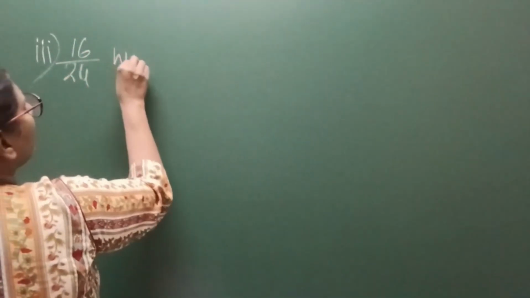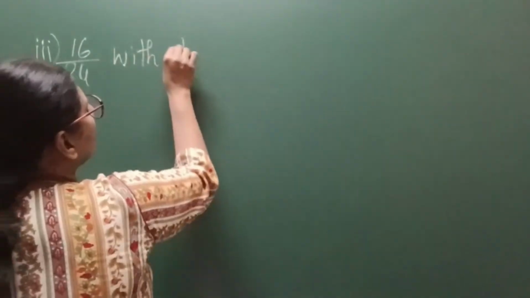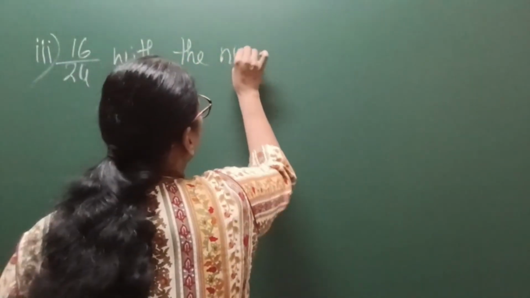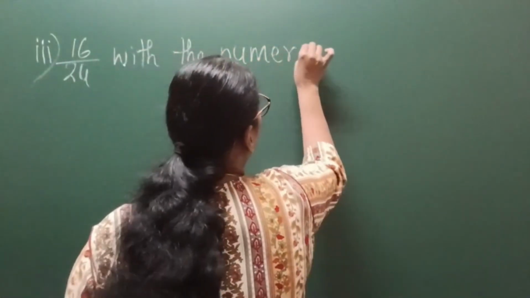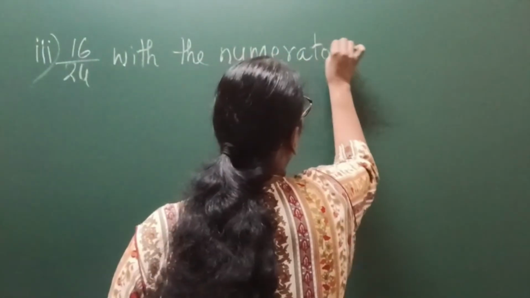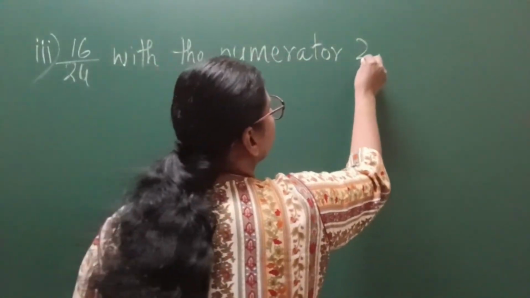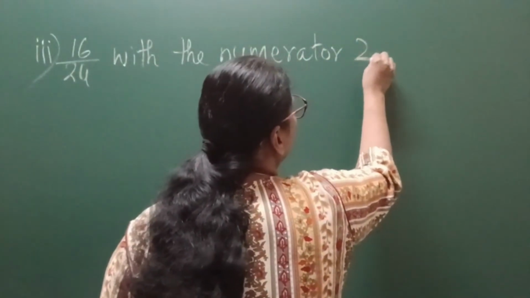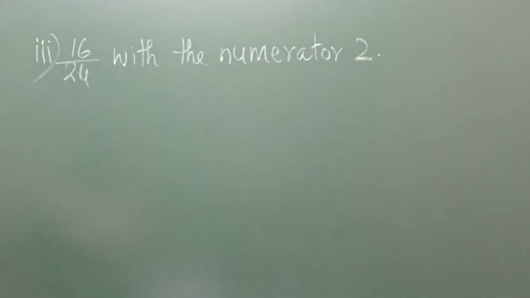Our next question is question number 3. 16 upon 24 with the numerator 2. Our given fraction is 16 upon 24.